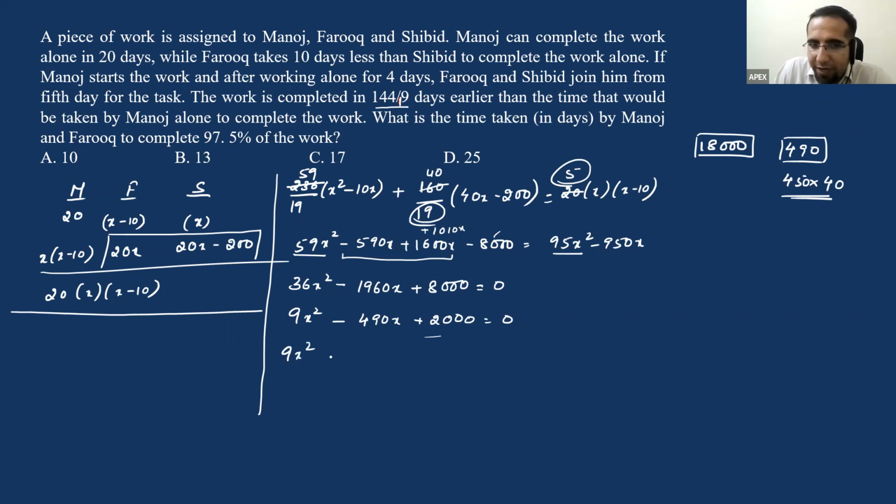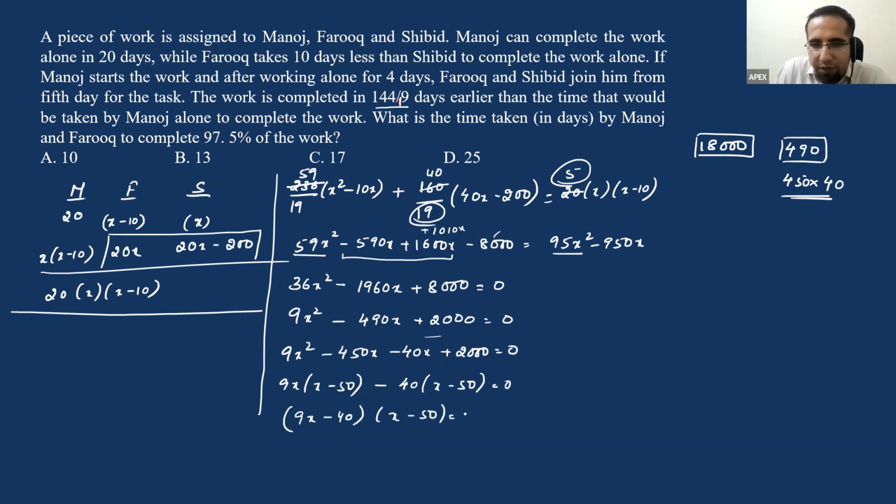So this becomes 9x square minus 450x minus 40x plus 2000 is equal to 0. 9x common, x minus 50, minus 40 common. Again, I get x minus 50 is equal to 0. So I have 9x minus 40 or x minus 50 is equal to 0. Or eventually we get the value of x is equal to 50, because 40 by 9 will not be acceptable.